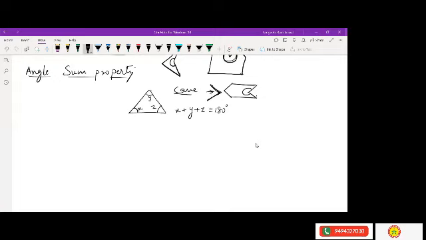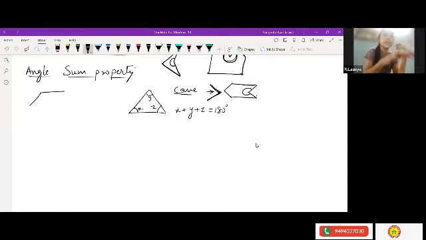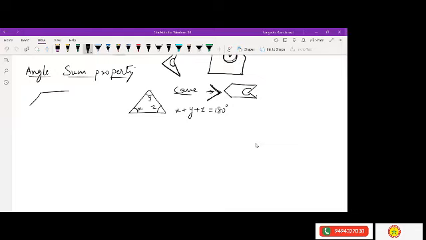And now when we are talking about quadrilaterals, a four-sided figure. Ma'am, even in the angle sum property, all the sides should be equal, right, ma'am? Angle sum property, I'm talking about the sum of the angles, not sides, angles.